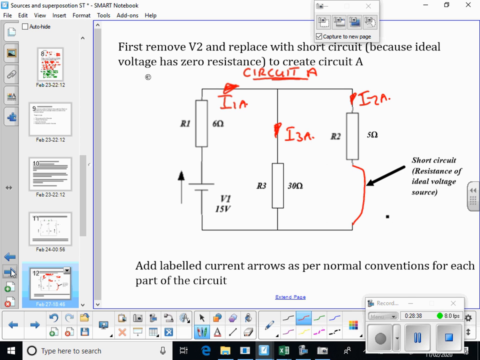That's different to the direction we had on the complete circuit. So we label those currents. If we were interested in voltages, we could label those up as well across each of the resistors, but this question doesn't ask for that.